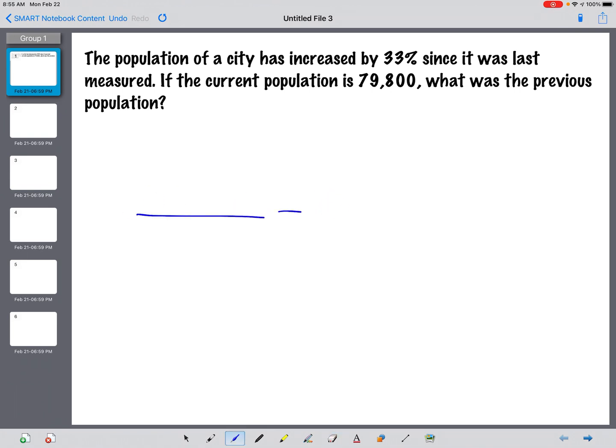All right, and since we're dealing with percentages, you should know that one of the spots where you're going to fill in the fraction values is going to be worth 100, since the word percent does mean per 100. And what we're going to do is relate that to the previous population.